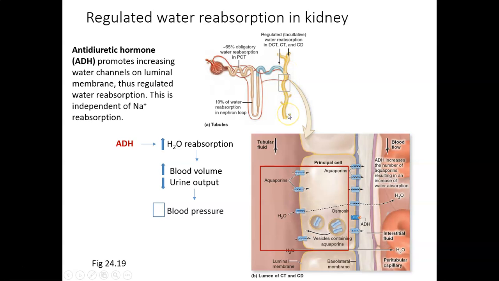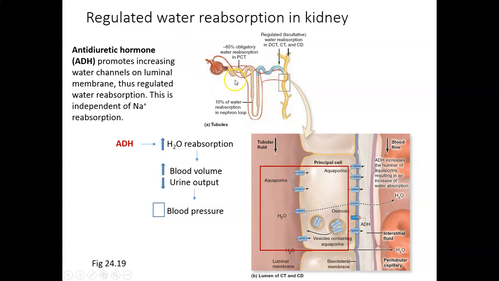The major molecule here, in addition: we already talked about how water follows sodium, so aldosterone has an influence on water reabsorption because it influences sodium reabsorption. But in addition, you have ADH, the antidiuretic hormone secreted by the posterior pituitary gland.